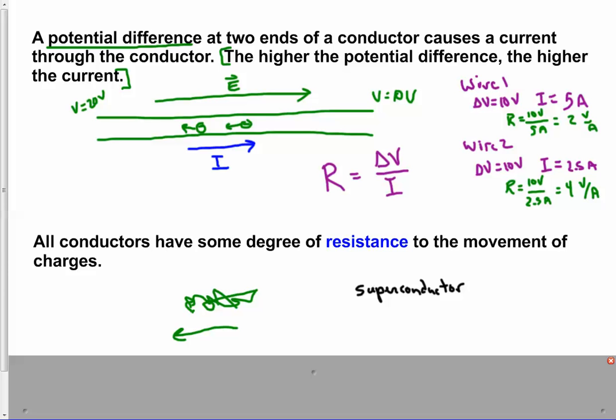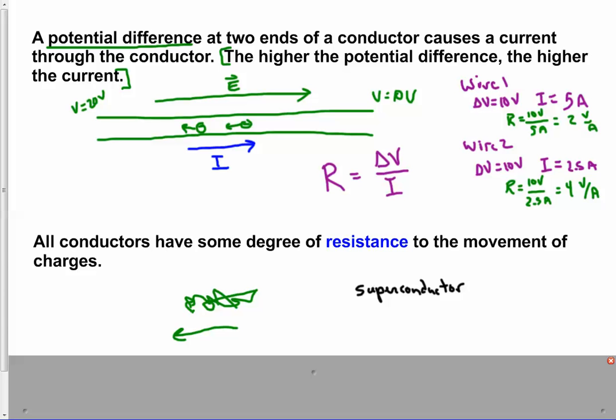Physicists have not been able to create a superconductor that works at room temperature or anything close to room temperature. Okay, so superconductors do exist, materials with 0 resistance, but for the most part, we don't deal with those on an everyday basis.